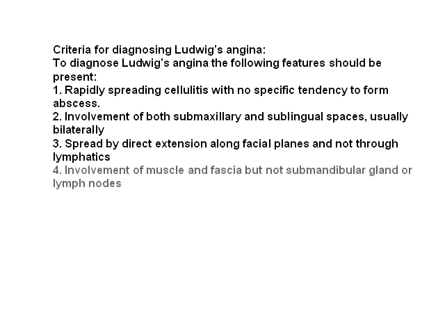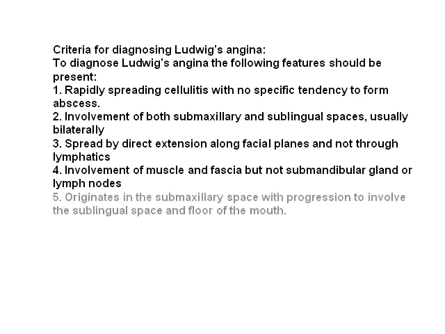Spread by direct extension along facial planes and not through lymphatics. Involvement of muscle and fascia but not submandibular gland or lymph nodes. Originates in the submaxillary space with progression to involve the sublingual space and floor of mouth.